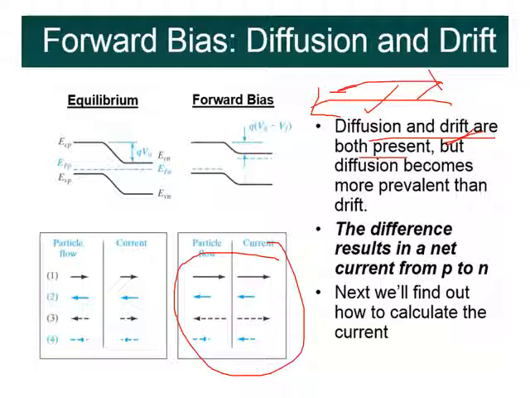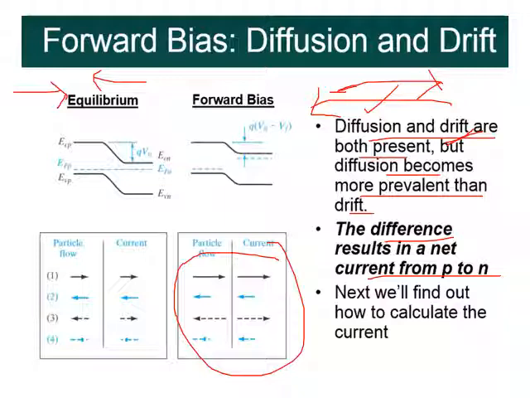Now diffusion becomes more prevalent than the drift, and the difference results in a net current from P to N. In equilibrium we have seen that drift current and diffusion current are equal in magnitude and opposite in direction.